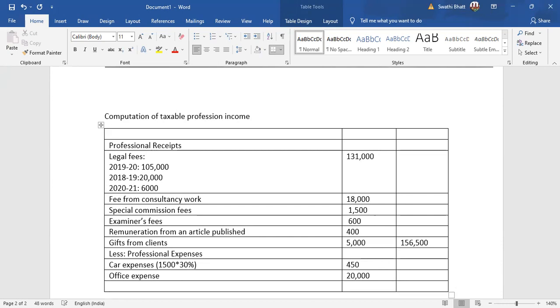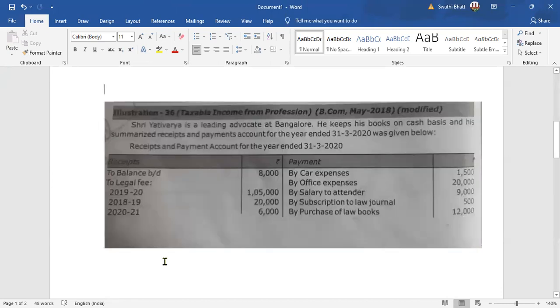After office expense, the next item that we have is salary to attender. After that, you have subscription to law journal. Both are very genuinely profession expenses. He has an attender, and whatever salary he's paying the attender is related to his profession itself. And subscription to law journal, probably there is a law journal which he wants to read every now and then to update his knowledge about the field.